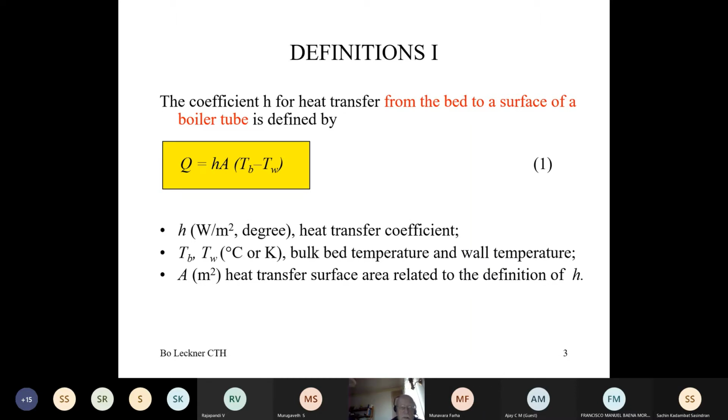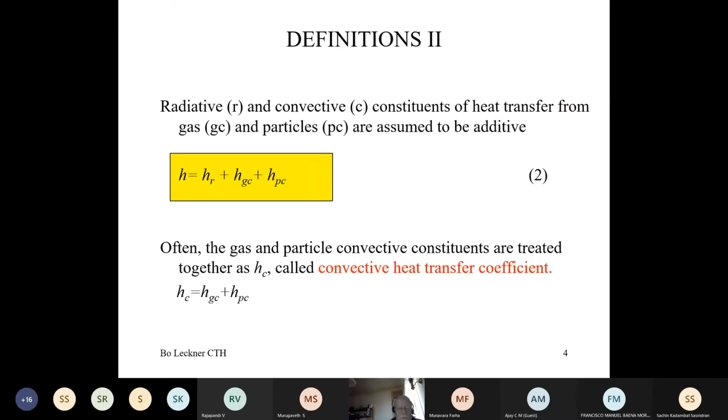So what I'm dealing with is only the external heat transfer to the surface of the tube. I will discuss later the surface, what is that? And TB and TW also have to be stated carefully. So let's continue.